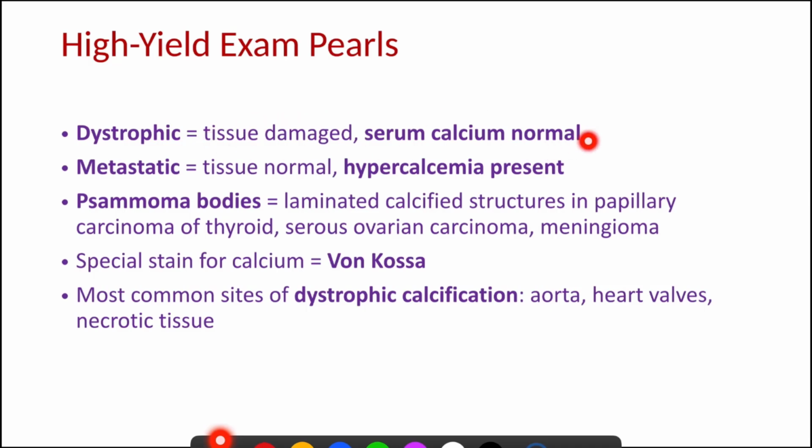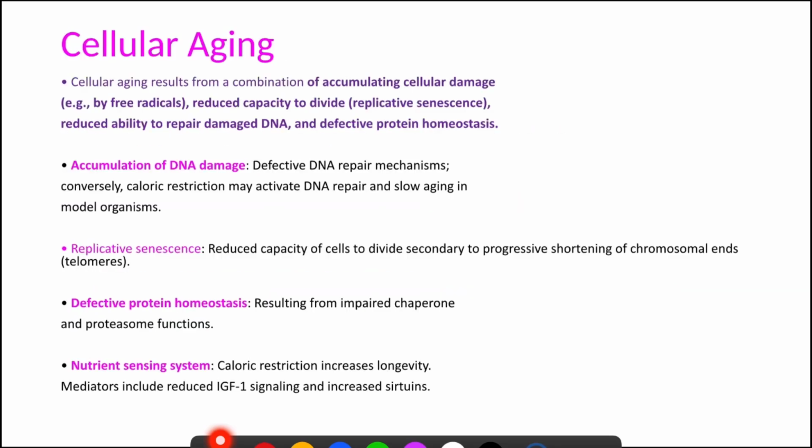These are the points which are important when you write down your answer. So highlight these points so that you remember these definitions accordingly, and you can easily write them down in the exam.